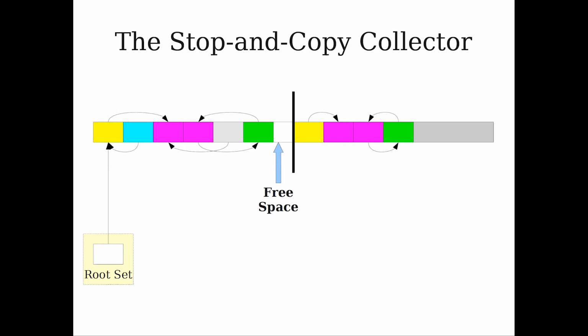Once copying is done, you move your free space and your root set. So the root set now points to the new location, the free space points to the new free start point, and this part, even though it still shows colored things, is conceptually reserved for the next run of garbage collection, when this will act as the to-space. This will act as the place where everything will get copied to.